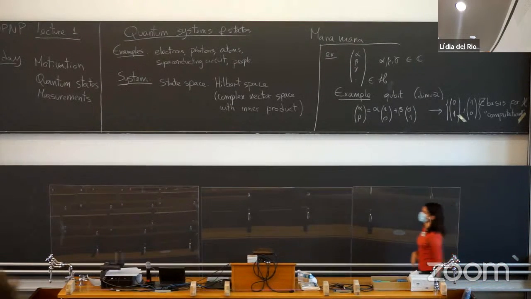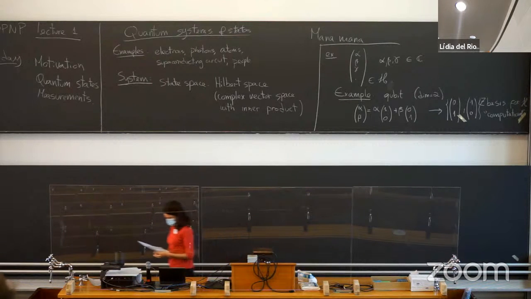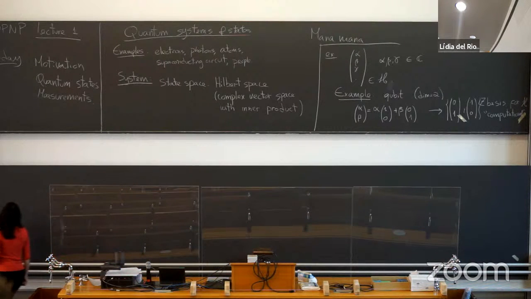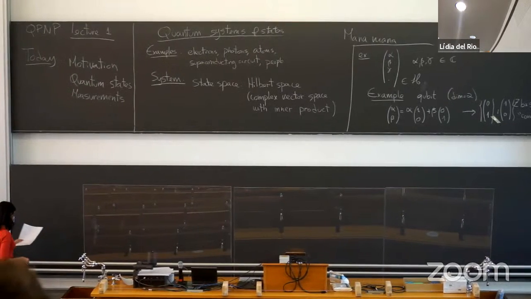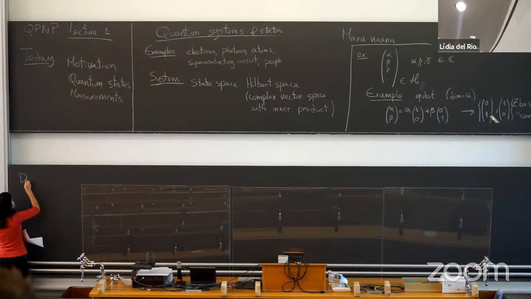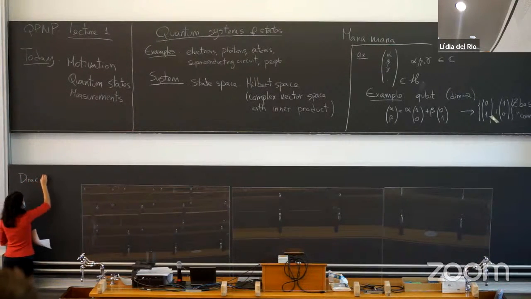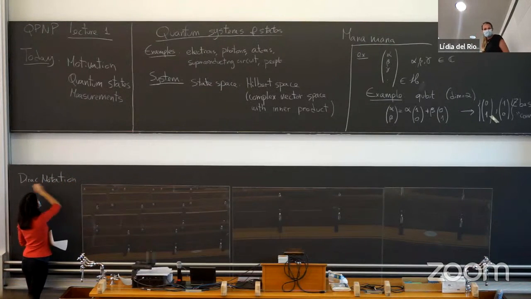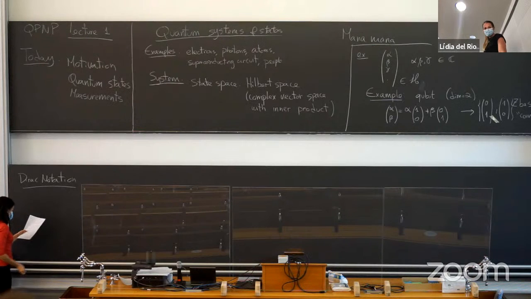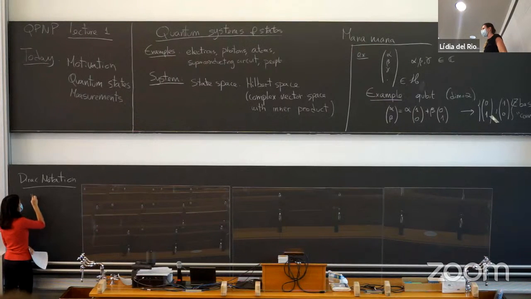Or later on, the same for more complex systems. So we introduced some notation here because we don't want to write all these vectors all the time. And there's a notation that we'll see very soon that is very compact and convenient. That is called Dirac notation, and it introduces something we call a ket.